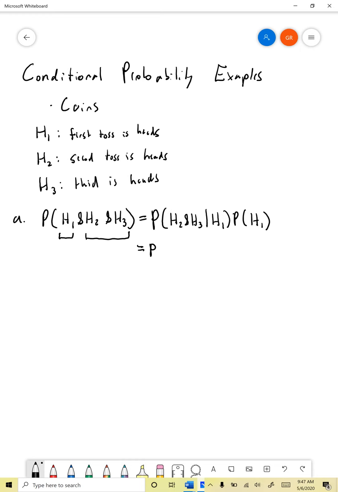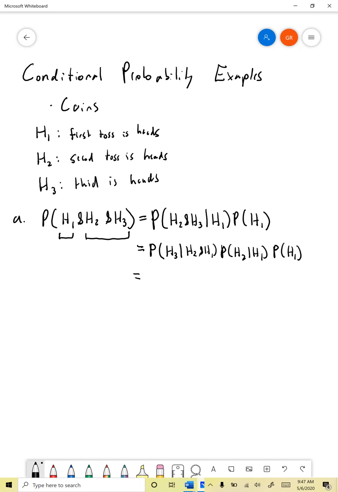So we get the probability of H3 given H2 and H1 times the probability of H2 given H1 times the probability of H1.